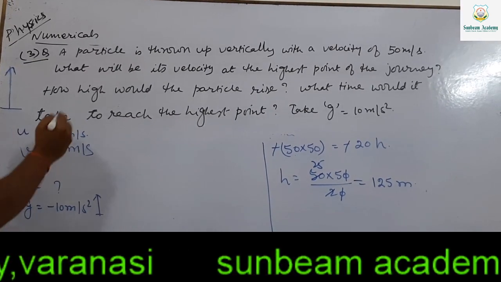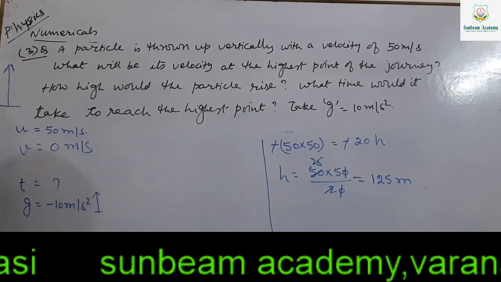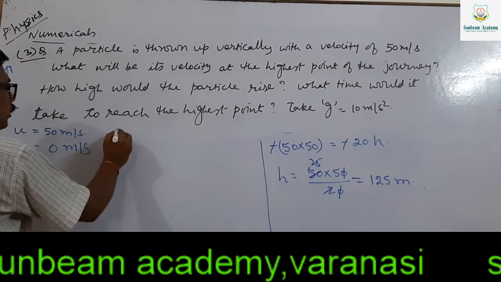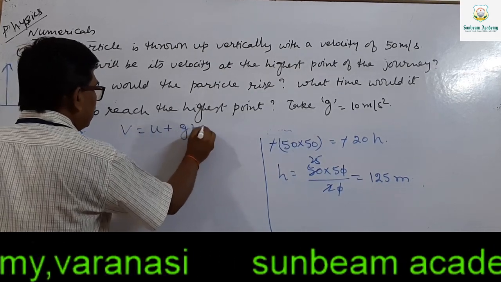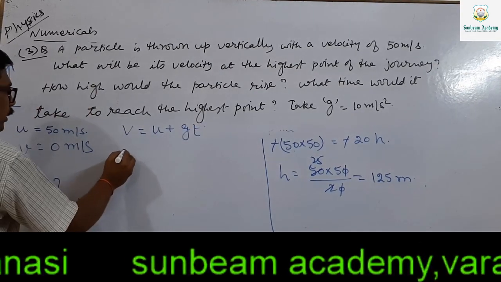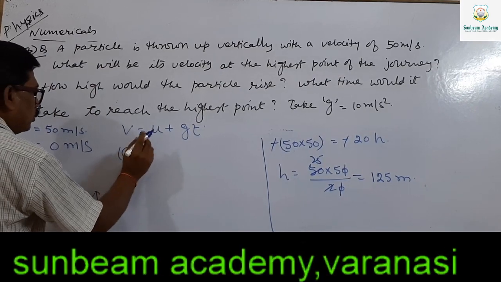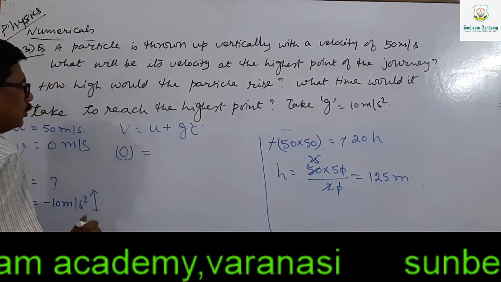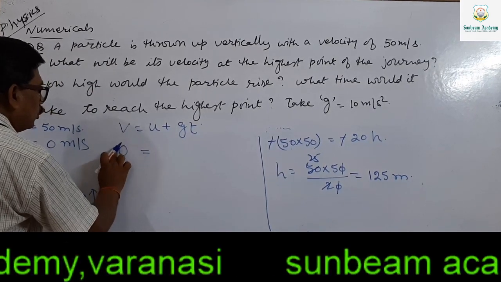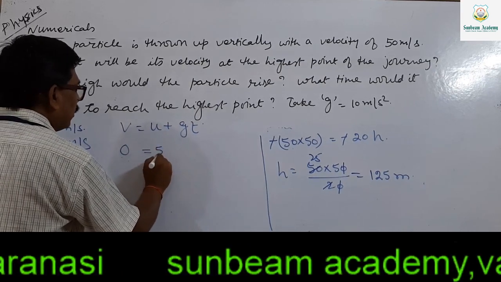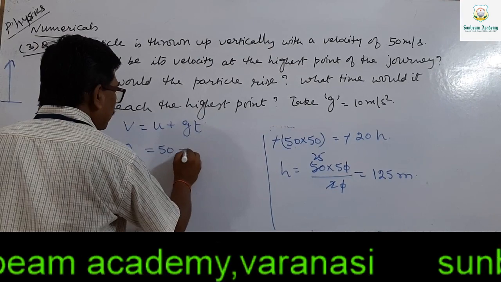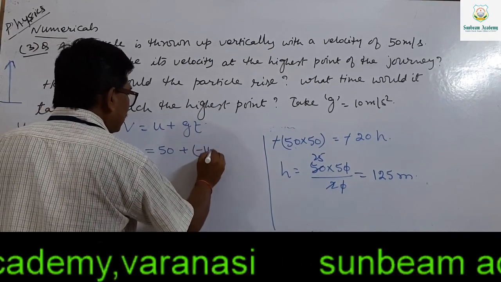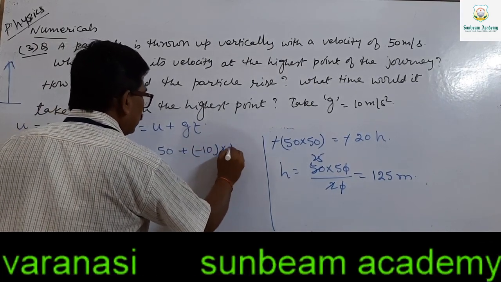Now see what time it would take, means you have to find out t. The formula you know, v is equal to u plus gt. v is here 0, or you can simply write 0. u is here 50 meter per second plus minus 10 into t.